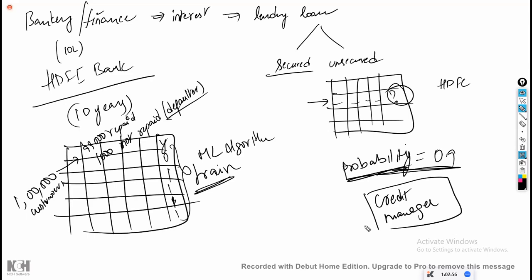Before COVID, that is before March 2020, in the month of January and February 2020, at that time the threshold value is 0.65. 0.65 means those who have more than 65% probability that they will repay the loan, they were given the loans. During the COVID situation, they brought this to 0.85.